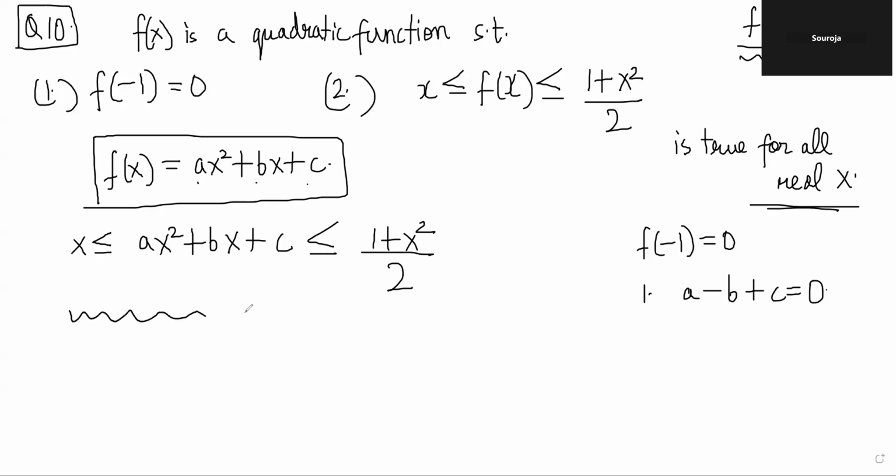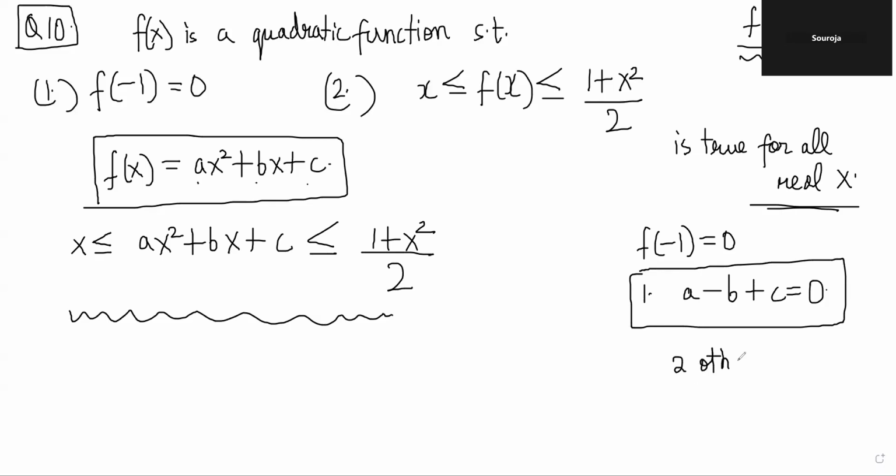You have to use this inequality to get some more information about the quadratic. You already have one equation, right? If you had two other conditions on a, b and c, then the question can be solved, no? Because then you can find a, b, c.